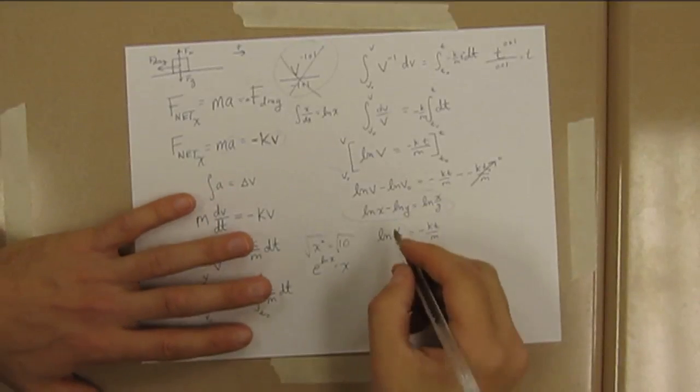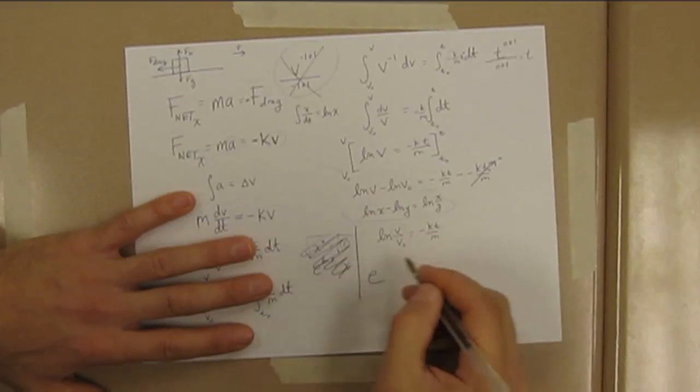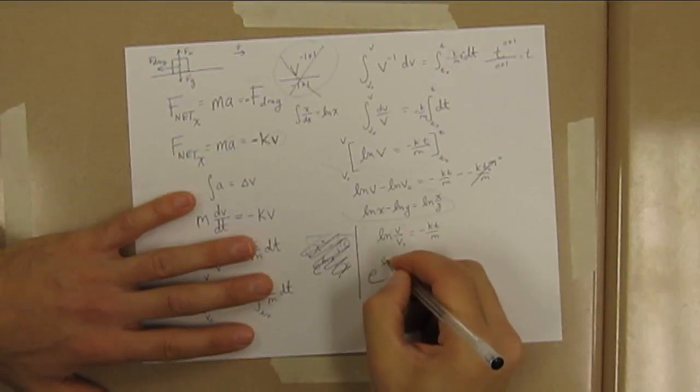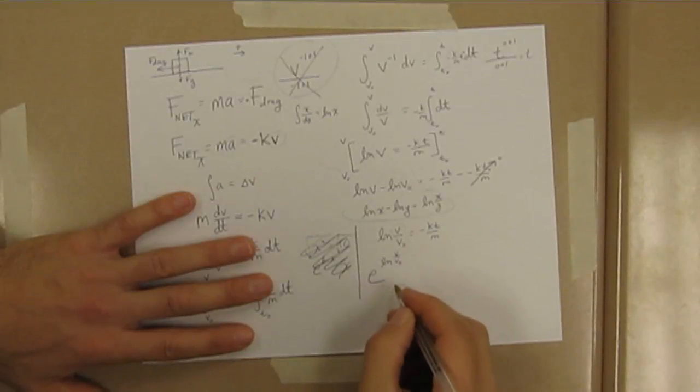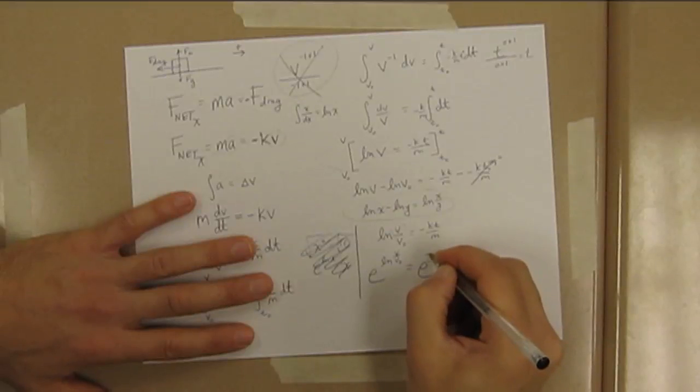So we're going to do a little trick here. We're going to go e to the ln of v over v0, and whatever we do to one side, we have to do to the other, just like regular algebra applies. e to the kt over m.